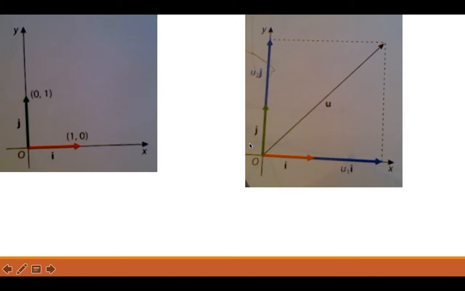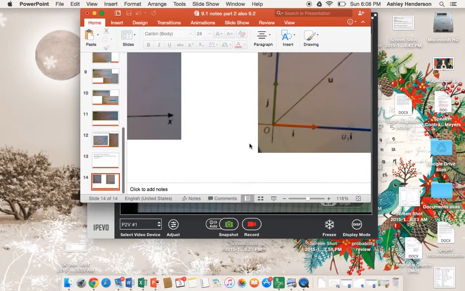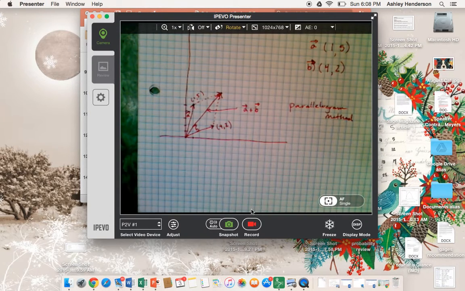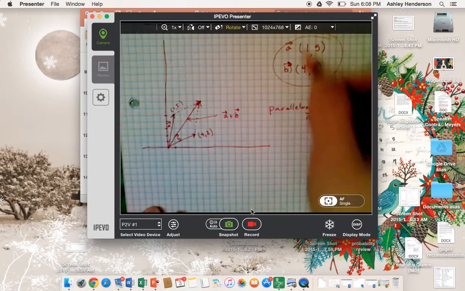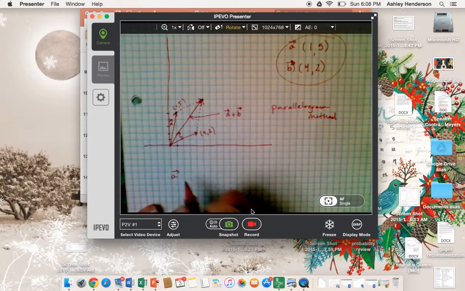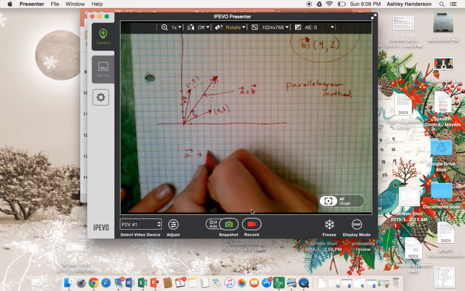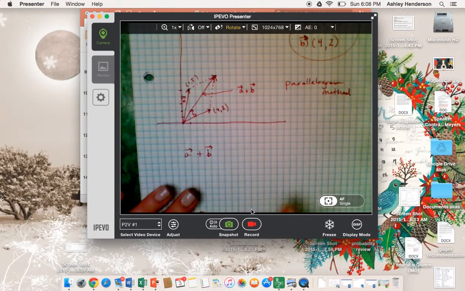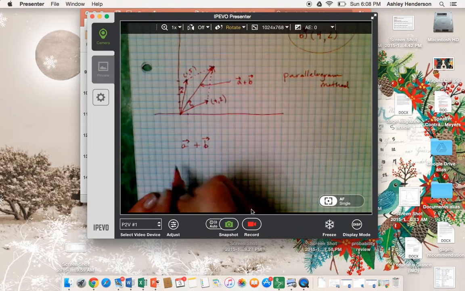So we're going to show exactly what we just did with that vector A plus vector B, only we're going to show it in ij notation. So if I wanted to talk about vector A plus vector B, first thing I would do is write it in ij notation.